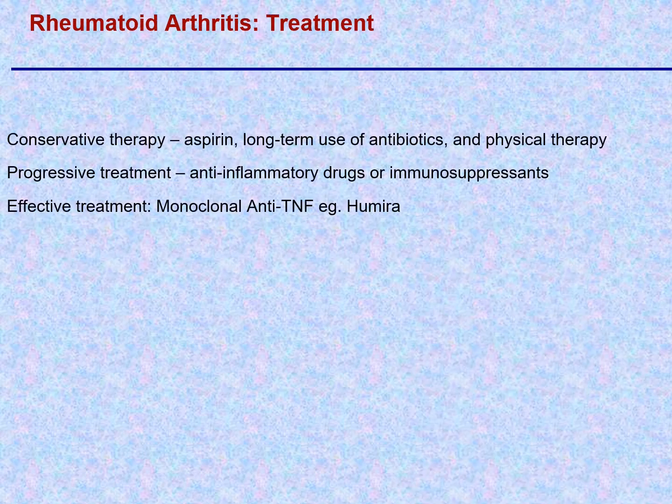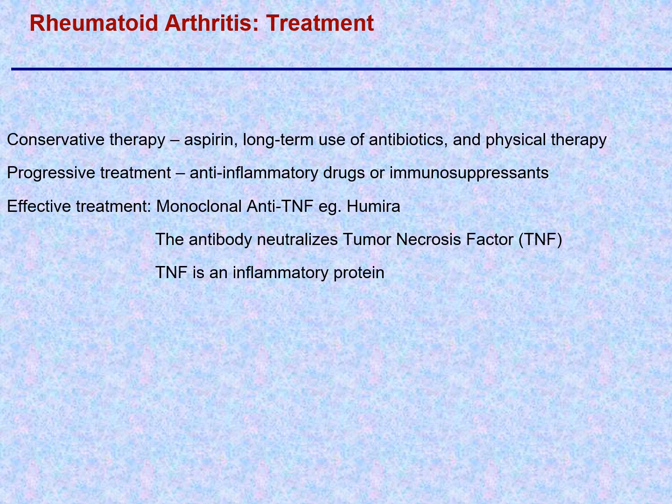The treatment: there are conservative treatments like aspirin as an anti-inflammatory, or sometimes long-term use of antibiotics, physical therapy. There are more progressive types of treatments with more advanced anti-inflammatory drugs or immunosuppressive drugs, because I told you it is an autoimmune disease.